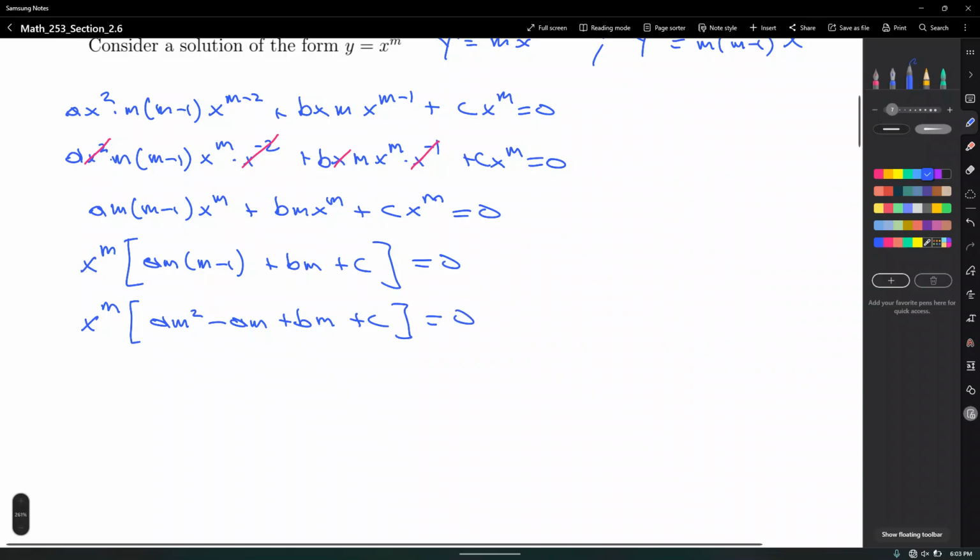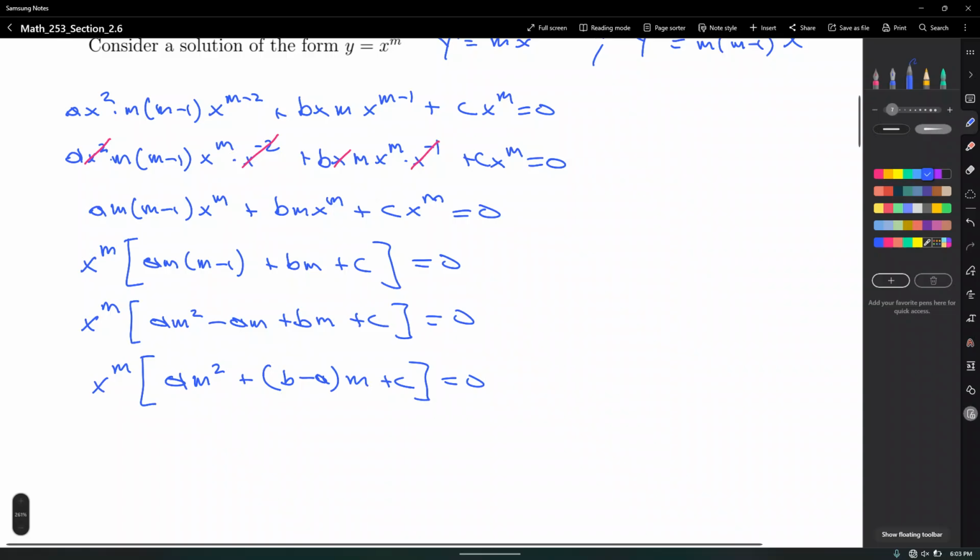Do you guys agree that the expression inside the bracket looks like a quadratic equation where the dummy variable this time is no longer x, it's m? Did you see the quadratic pattern? Even better, with x to the m, that is am squared plus b minus a m plus c, and let that be equal to 0.